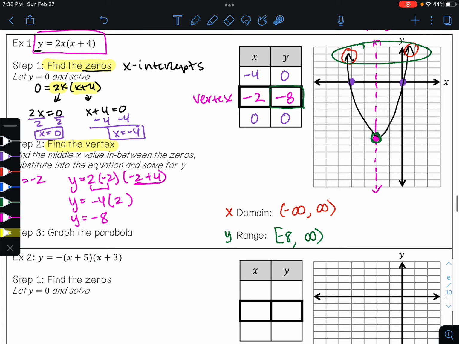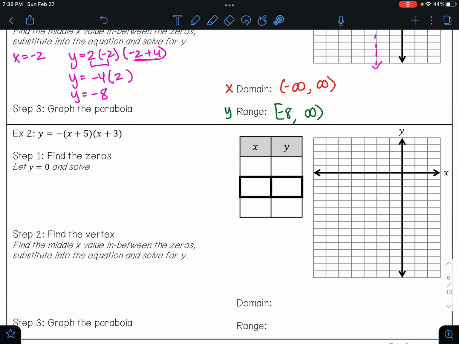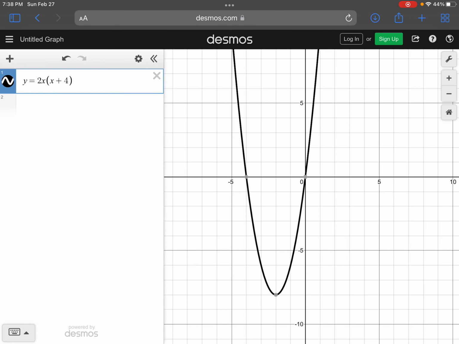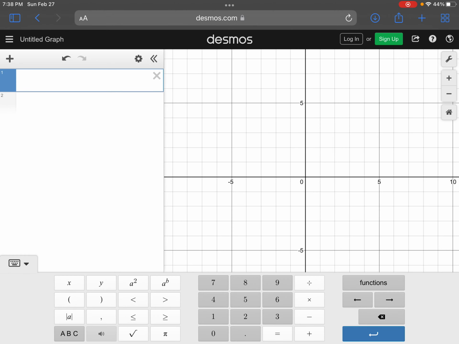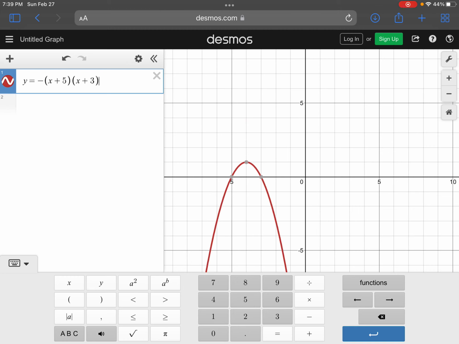Let's go ahead and try example 2. On example 2, we have the equation y equals negative times x plus 5 times x plus 3. Let's go ahead and type this into Desmos. So I have y equals negative parentheses x plus 5 parentheses x plus 3 close parentheses.